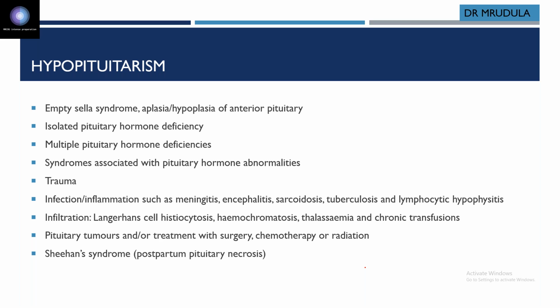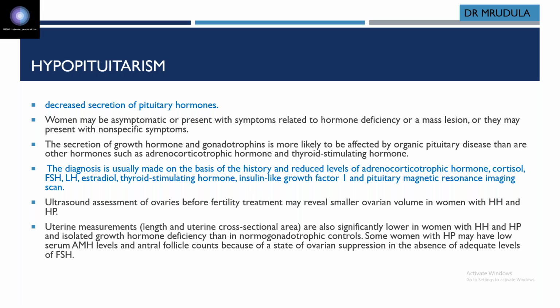So all these are causes of hypopituitarism, which is responsible for type 1 anovulation. How you are going to assess this is decreased secretion of pituitary hormones. So along with FSH and LH, other hormones can also be affected. Usually the woman can be asymptomatic, or they will present with symptoms related to other hormone deficiencies, or neurological problems because of any mass lesion.